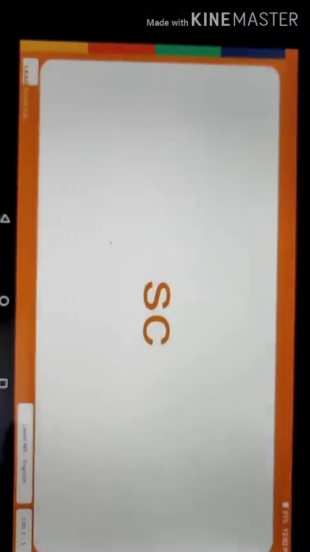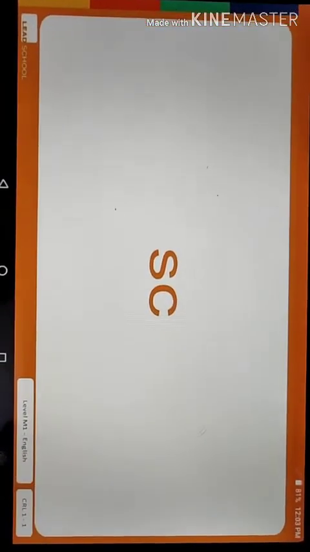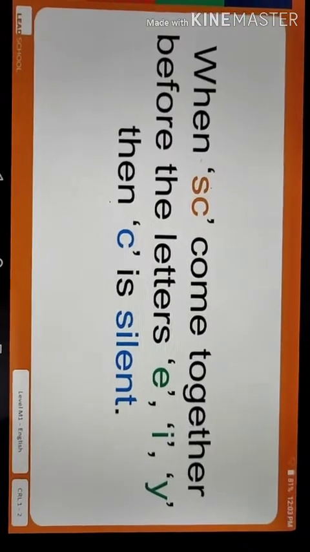Let's see. Let us read some words where some letter sounds are silent. When S and C come together before the letter E. I hope you were able to speak the words along with the video.